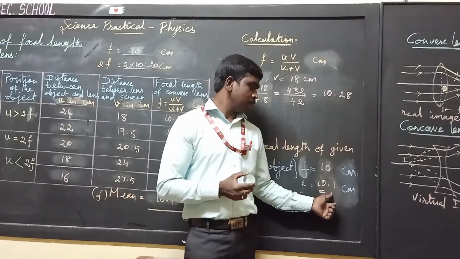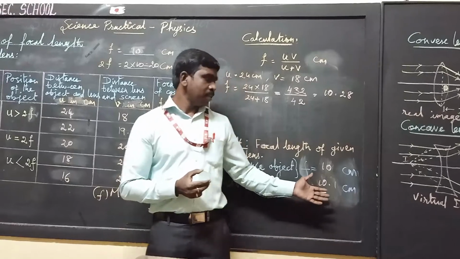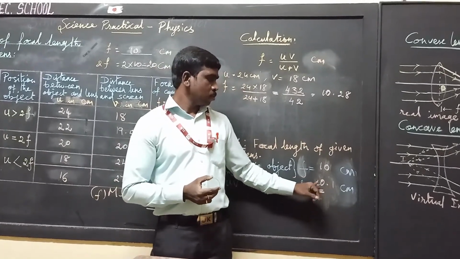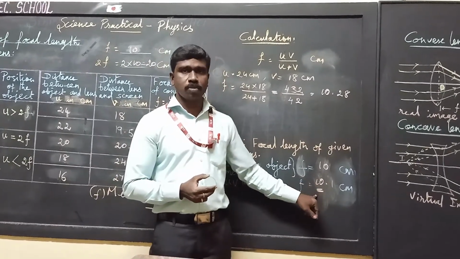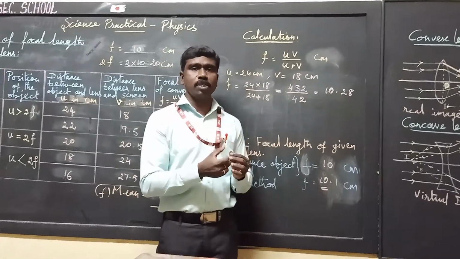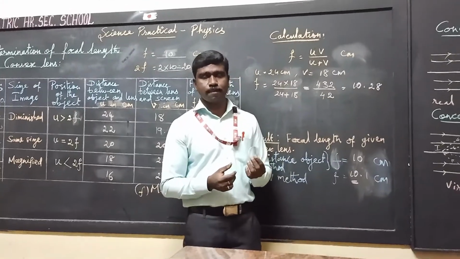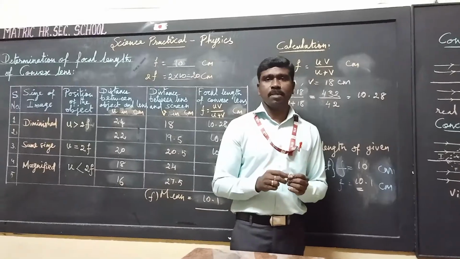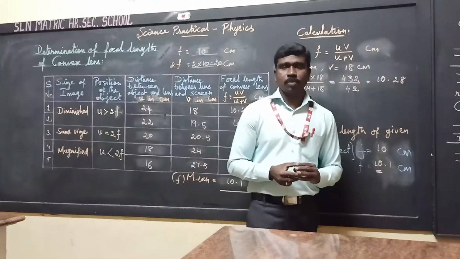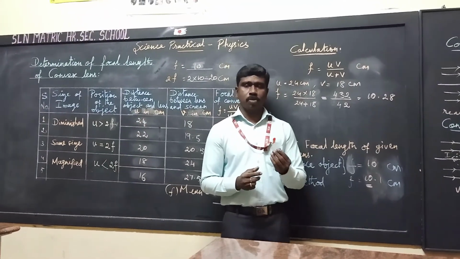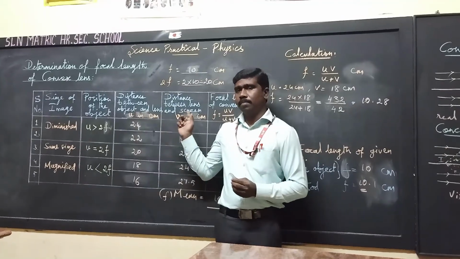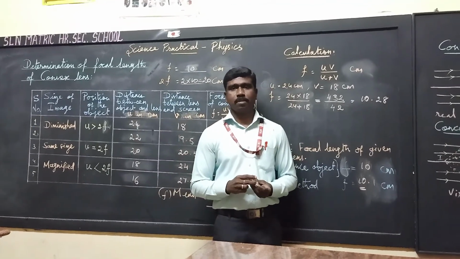The 0.1 is a fractional error, so we won't mind. We consider only 10. So 10 is the focal length of the given convex lens. We have a number of convex lenses, each having a different focal length. We can measure the focal length of a given convex lens by using 2 different methods. Thank you.